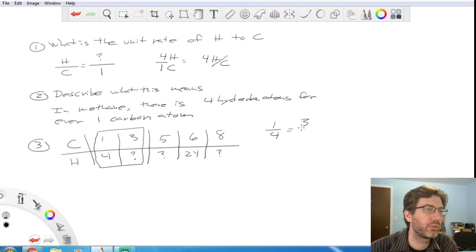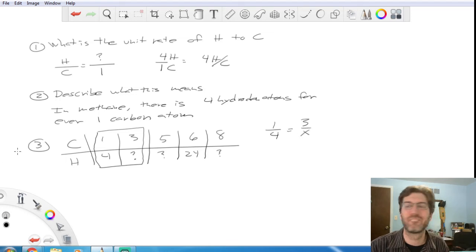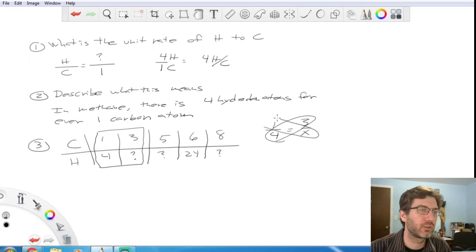1/4 equals 3 over x. In that case, cross multiply. Three times 4 is equal to 1x, or 12 equals x. So this one here is 12. Do the same thing with this one.